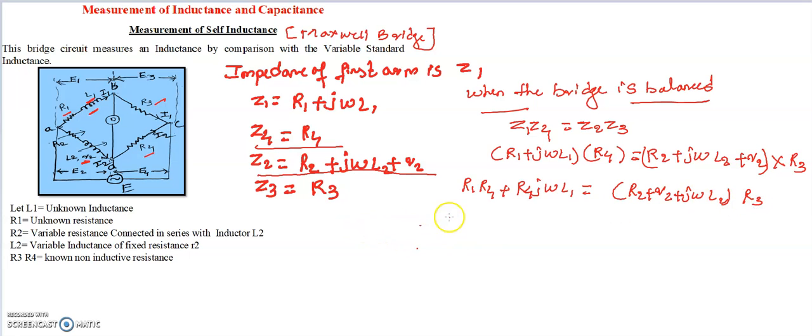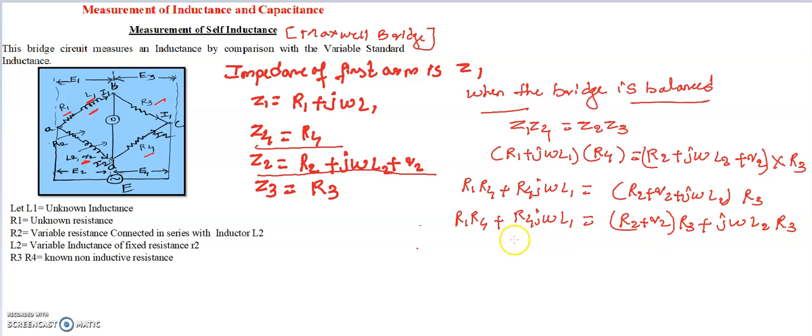Hence R1 R4 plus R4 j omega L1 equals R2 plus small r2 multiplied by R3, plus j omega L2 into R3. On the left hand side we have R1 R4 plus R4 j omega L1, and on the right hand side we have R2 plus small r2 into R3 plus j omega L2 into R3.